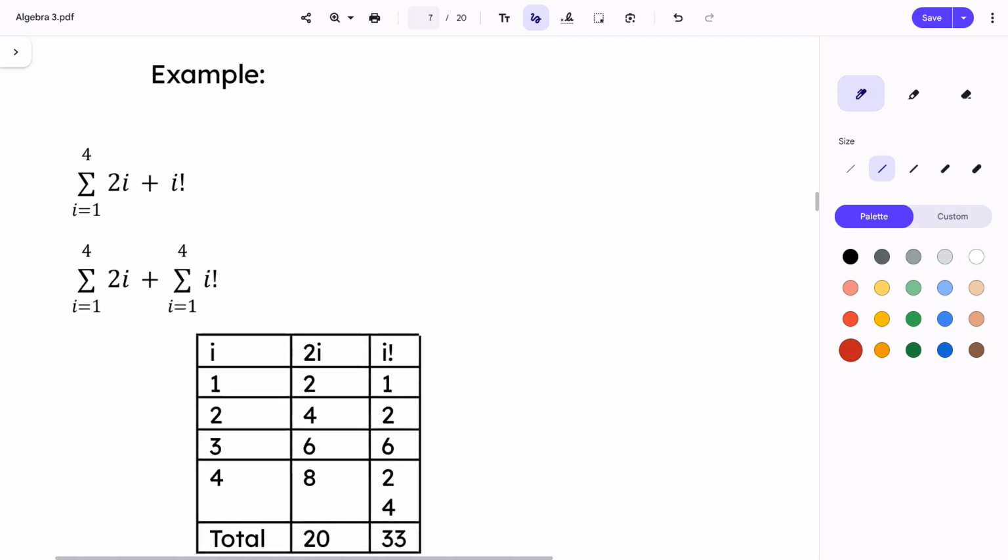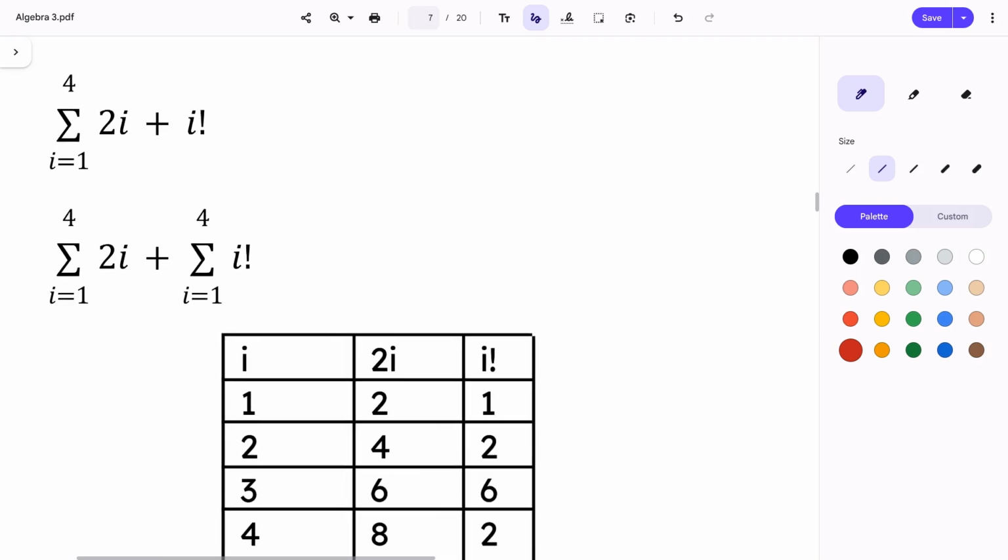What's the lower limit for this one? Like, what number do we start plugging in first? 1, and then we go up to 4. So I need to plug in a 1, a 2, a 3, and a 4. So I've got to do this 4 times. So I'm going to start out with the 1. So it's going to say 2 times 1 plus 1 factorial.